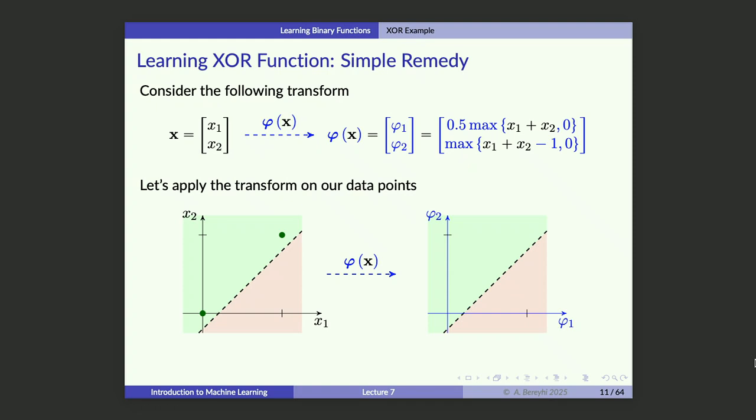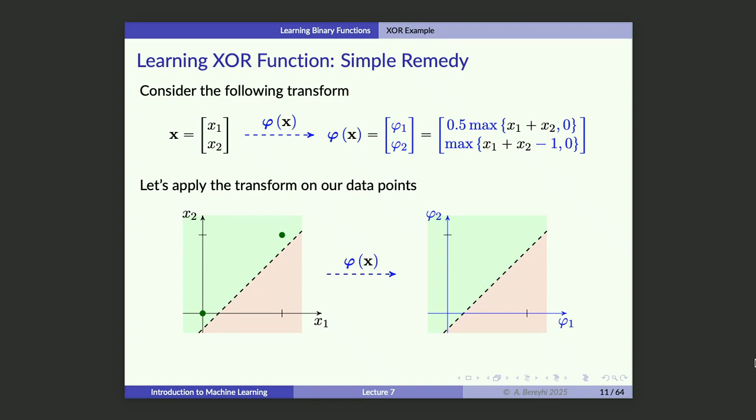Phi 1 is going to be half max of 0 plus 0 and 0. This guy is simply 0, so it's going to be 0. Phi 2 is going to be max of 0 plus 0 minus 1 and 0. So it's max of minus 1 and 0, which is again 0, right? So if I do that, then the point is going to be 0, 0.